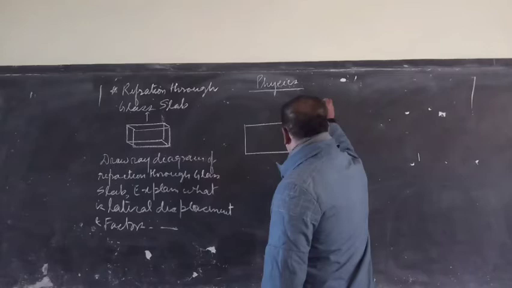Now, after that, you have to produce the incident ray in a forward direction. What will you observe? That the produced incident ray and emergent ray, they both are parallel.